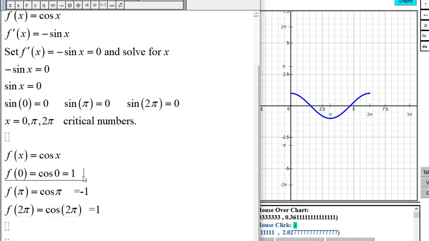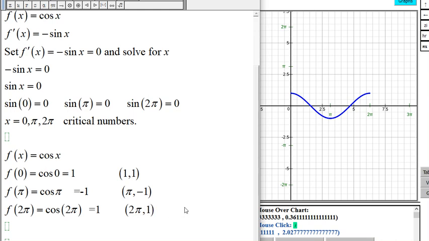So when x is 0, y is 1. And then right here, when x is pi, y is negative 1. And then right here, when x is 2 pi, y is 1.